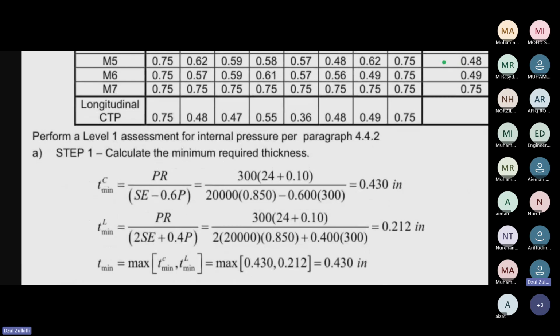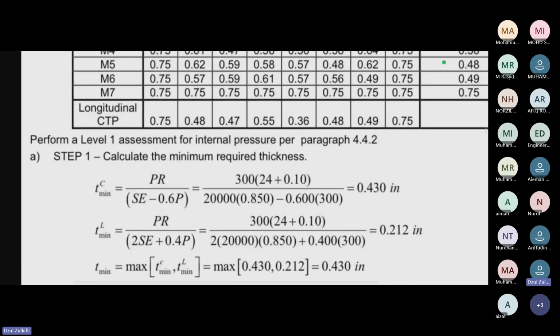Okay. So first thing is that let us calculate the minimum required thickness. I hope you are familiar now with the formula I mentioned just now, PR over SE minus 0.6P. For this one, I give a bonus. You don't have to calculate this first.